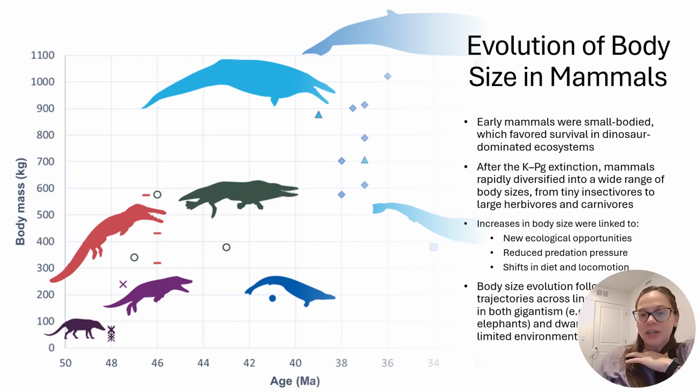So different lineages followed distinct evolutionary paths, resulting in both gigantism, such as in whales and elephants, and dwarfism in resource limited environments.